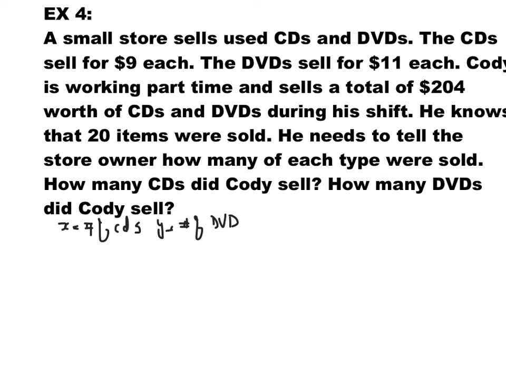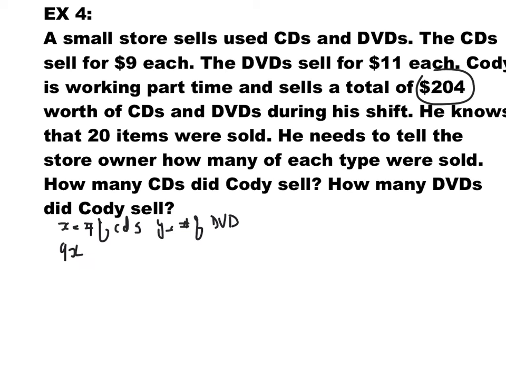I know that in one shift, the total amount sold is 204. I don't know how many CDs are sold, but I know that every CD is $9. So if we assume that X number of CDs are sold, the contribution of CDs to this $204 is 9X.